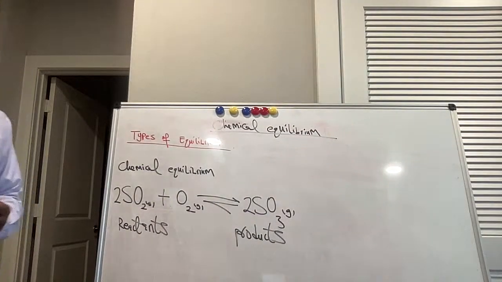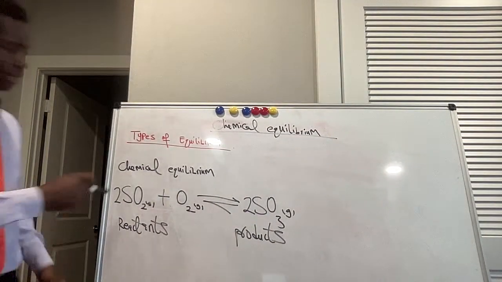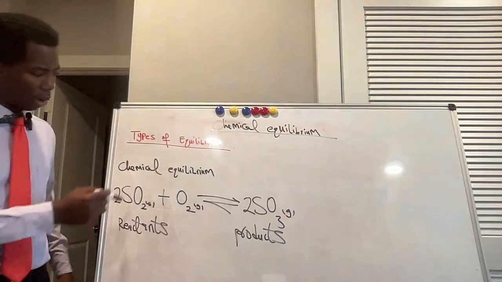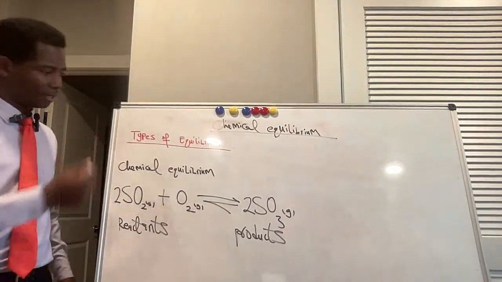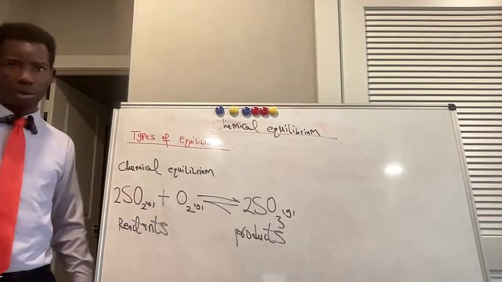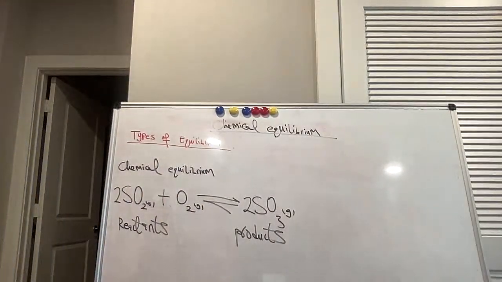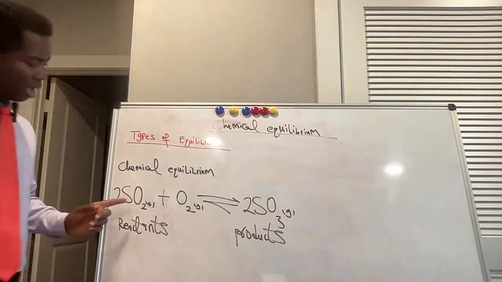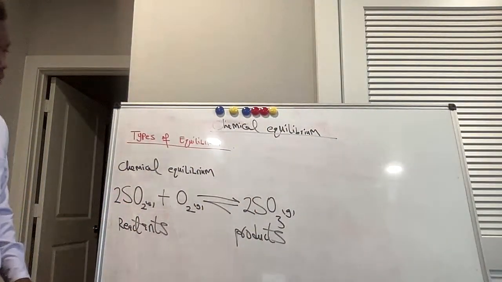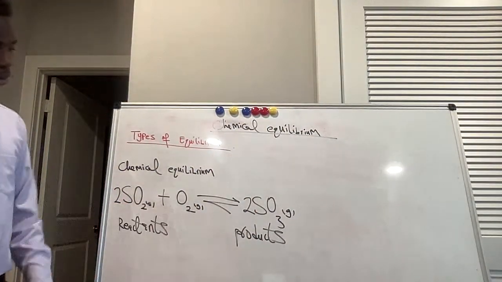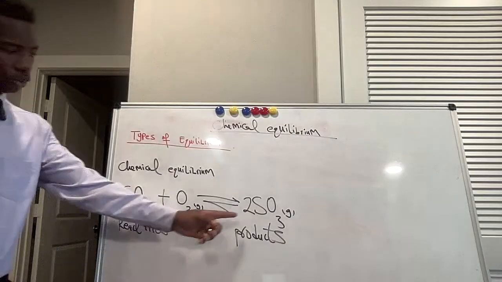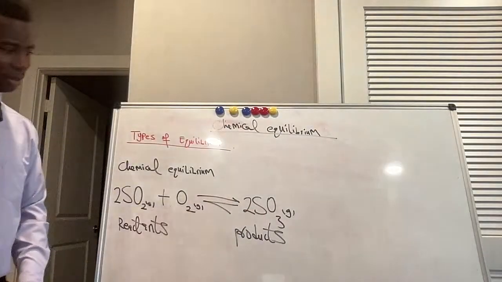Let's proceed. We have looked at physical equilibrium and we are now looking at chemical equilibrium. We have sulfur 4 oxide reacting with oxygen to produce sulfur 6 oxide.